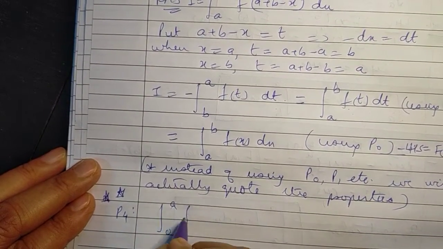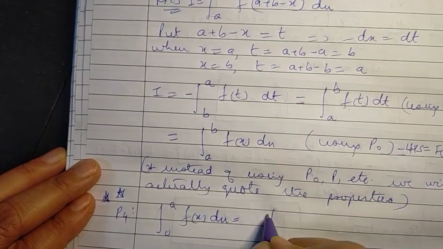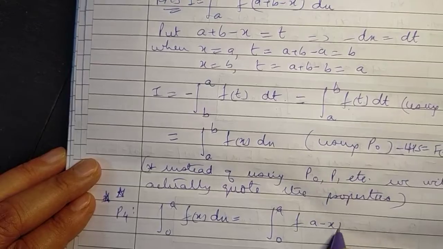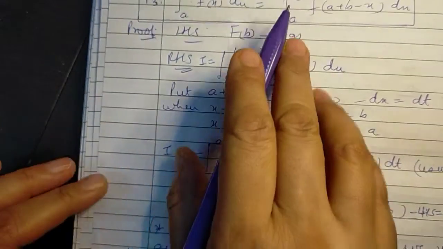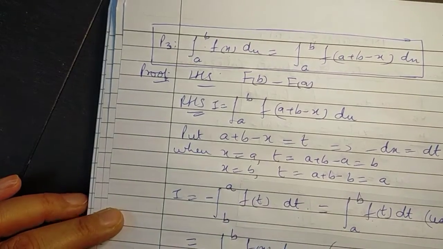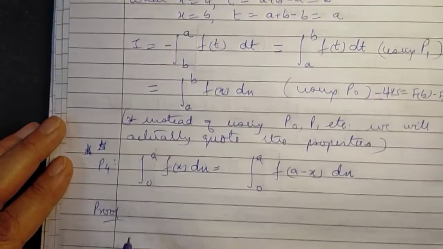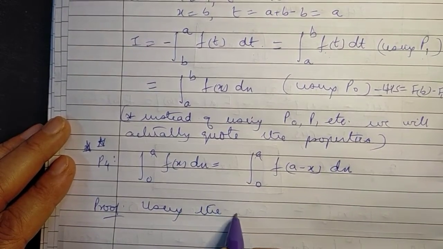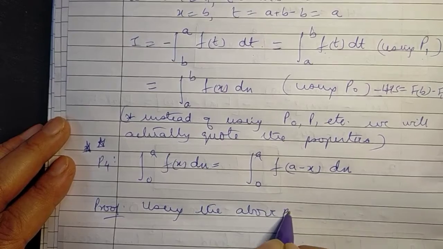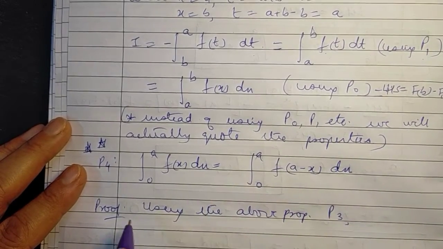Integral 0 to a f(x) dx is equal to integral from 0 to a f(a minus x) dx. Which can be easily proved using this one. Proof: using the above property 3, so what do we get here?